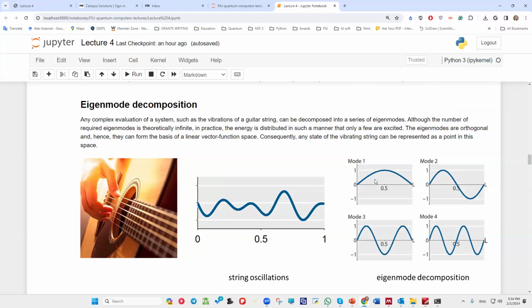So again, we have a physical system. We solve the system for its eigenmodes, and then we say that any evolution of the system, like this vibration of the guitar string, can be represented as a combination of the system eigenmodes.